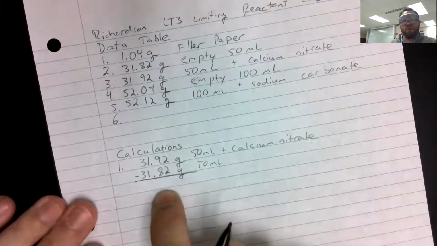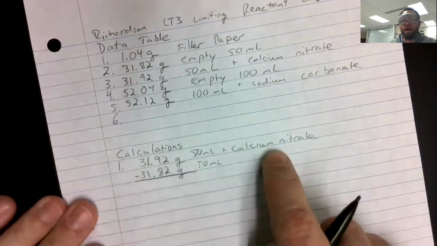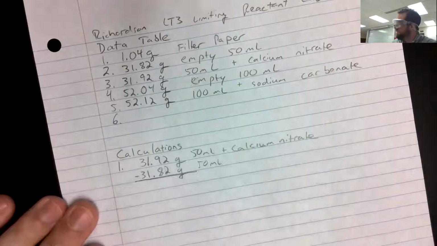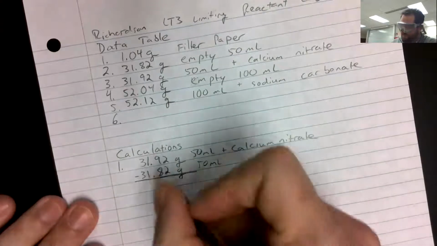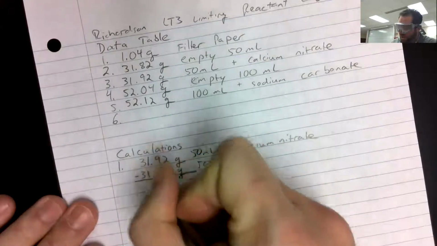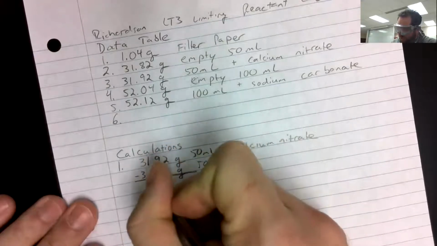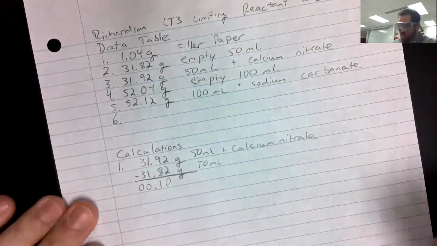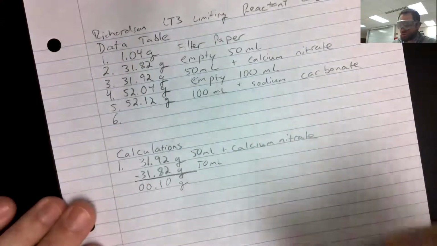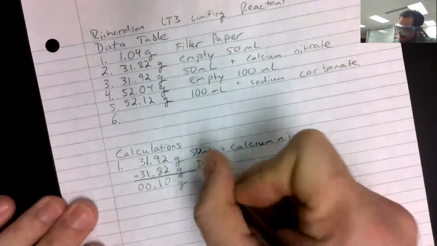So when I subtract out the mass of the 50 milliliter beaker, I'll be left with my remaining amount of calcium nitrate. 2 from 2 is 0. 8 from 9 is 1. Drop the decimal point, 0 and 0. Make sure we have our units of 0.10 grams of calcium nitrate.